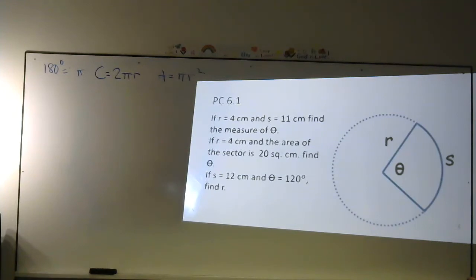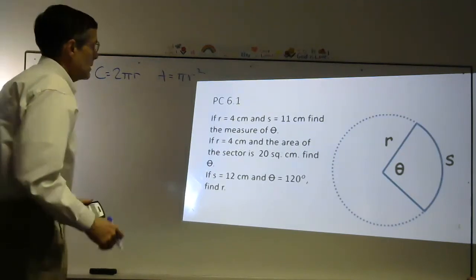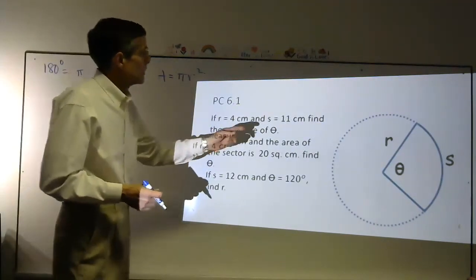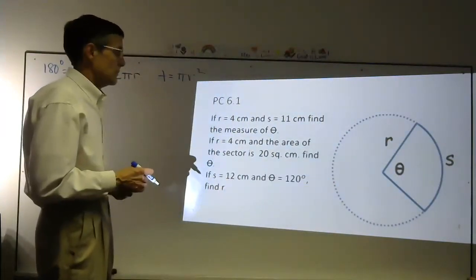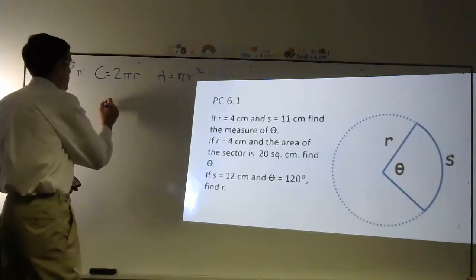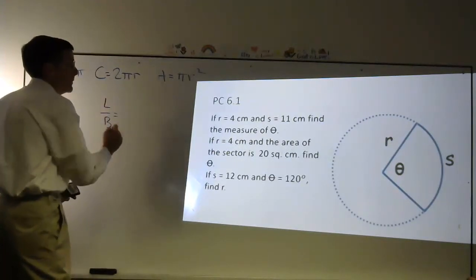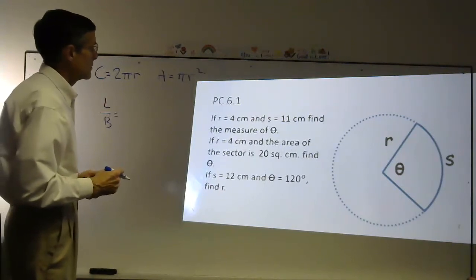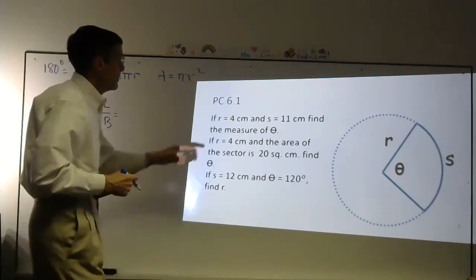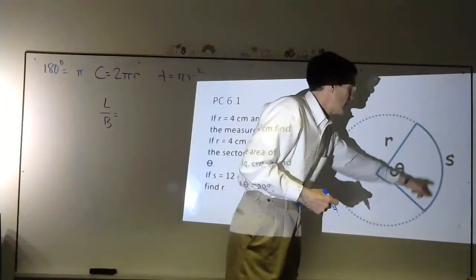All right, how about this one? If the radius is 4, the length of the arc is 11, find the measure of the angle. Okay, so I'm going to do little to big again. If the radius is 4, what can I find that's little? Well, S is 11, the little arc.